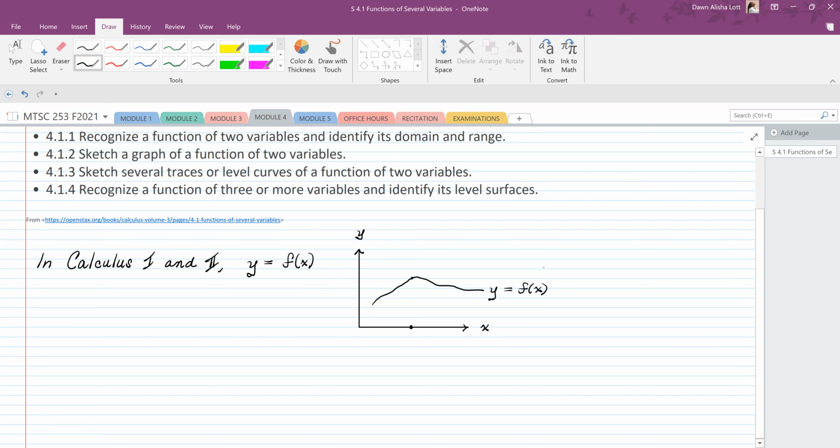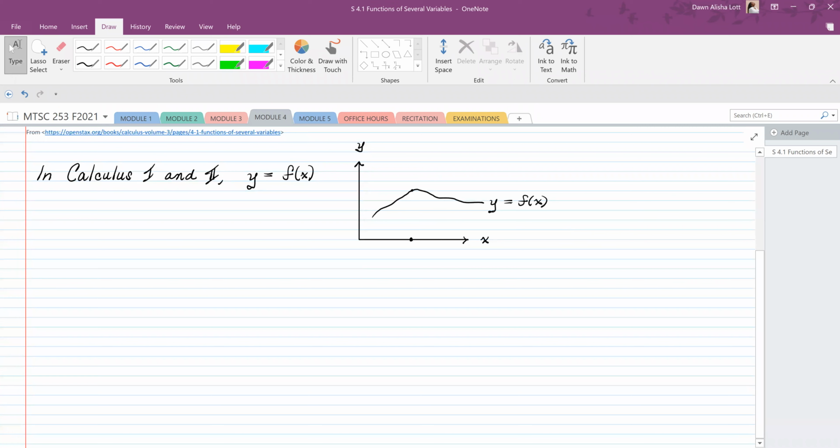Okay, so in Calc 3, this level of calculus, we now have the entire XY plane as a domain. So we could consider now, let's say, a function v, which is equal to pi r squared h.